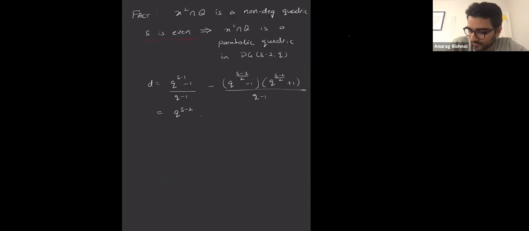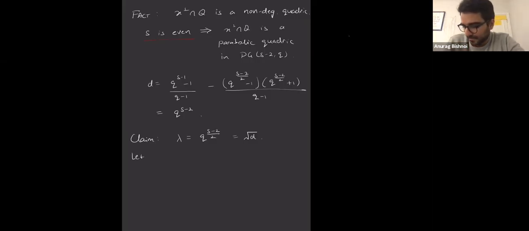So now we will prove the following claim, that lambda is Q to the S minus 2 over 2, which is exactly, in fact, the square root of D. So now let's try to prove this claim. And for that, let's look at the following graph, which actually contains our graph.